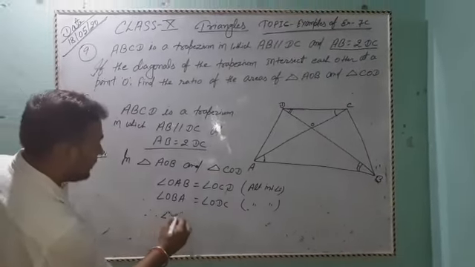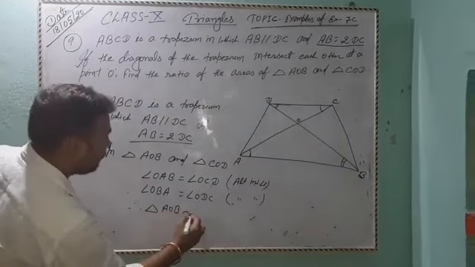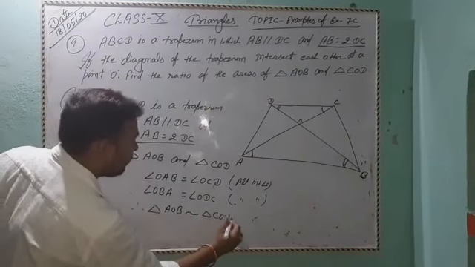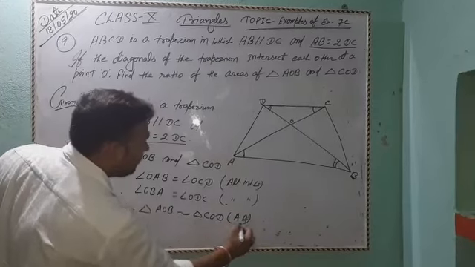So triangle AOB is similar to triangle COD, angle similarity.